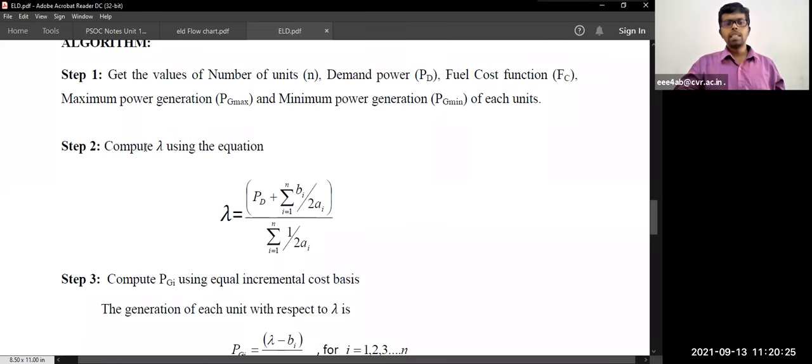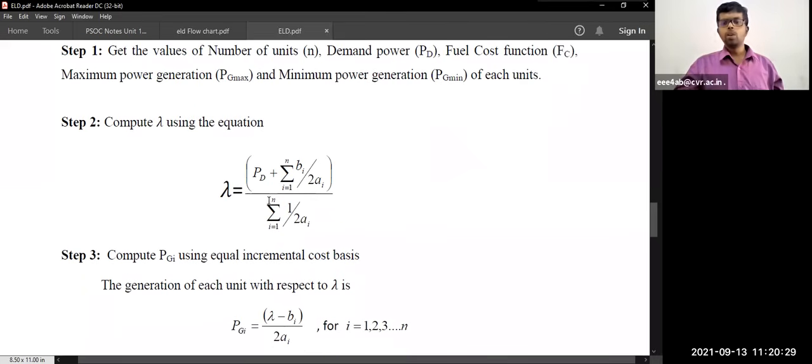So what is step number 2? Compute lambda using the following equation. You know how to derive the lambda, so easily you can derive it, or otherwise you can remember. So lambda is equal to PD, power demand, plus summation i equal to 1 to n bi divided by 2ai, the whole divided by summation i equal to 1 to n 1 divided by 2ai.